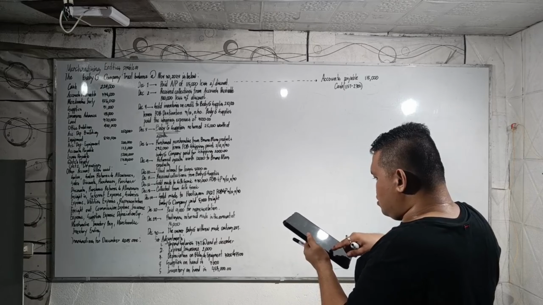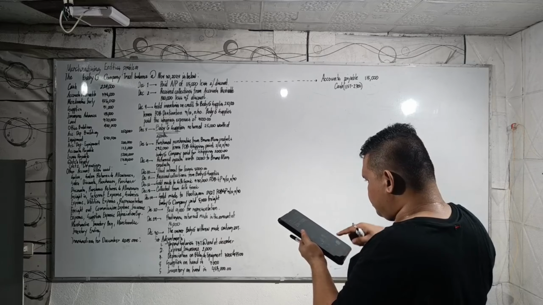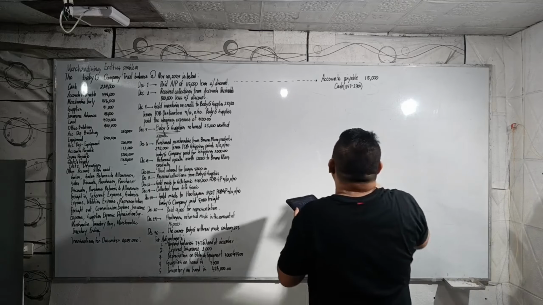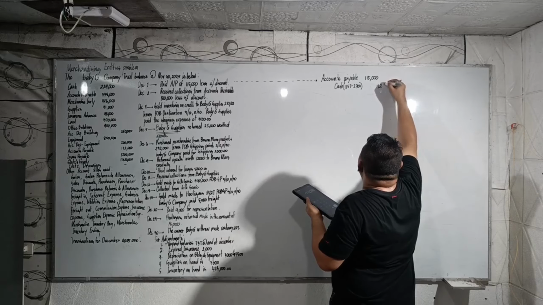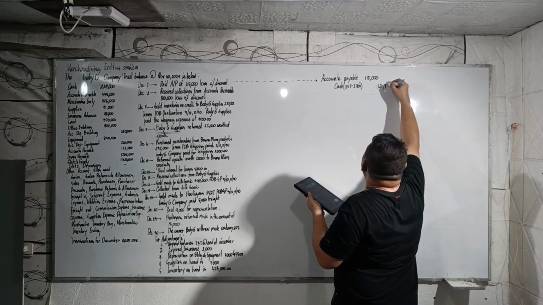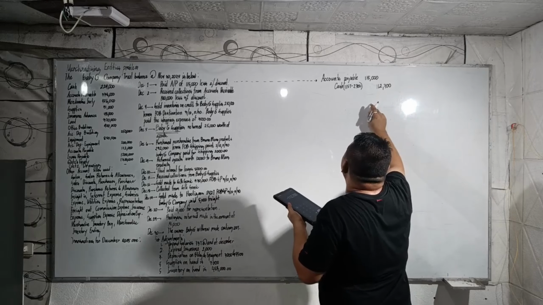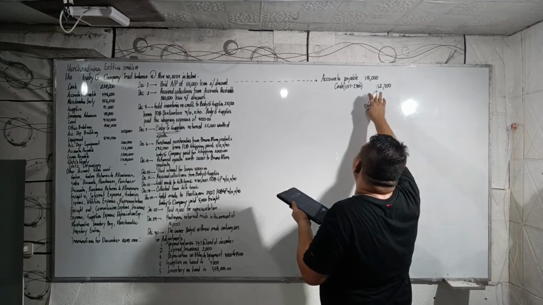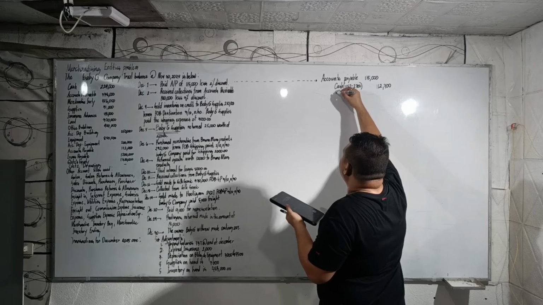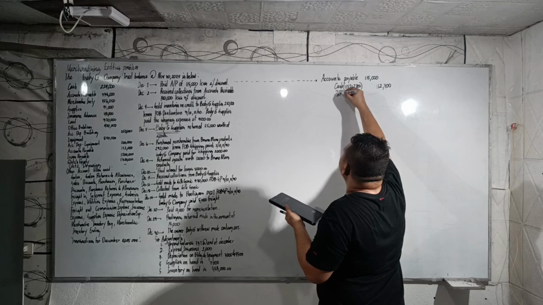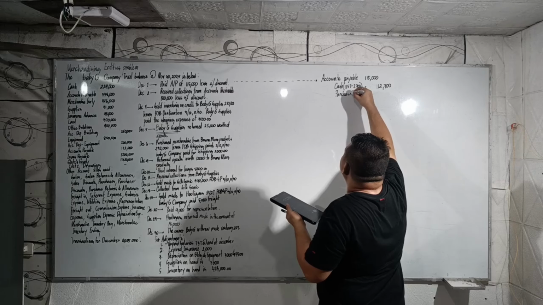So if we do that, the payment is only actually 112,700. And since the entry is not balanced, of course, you have to use again the purchase discount.